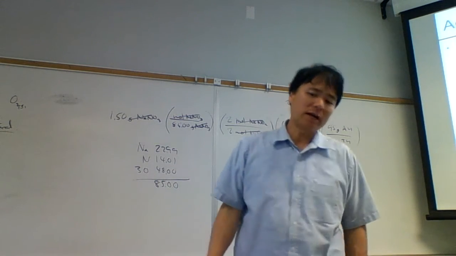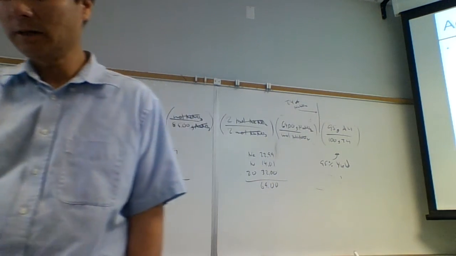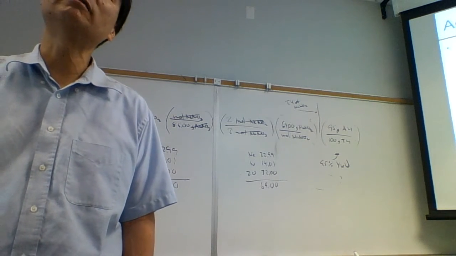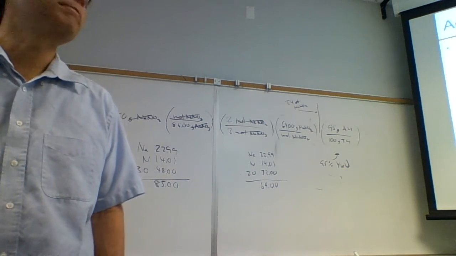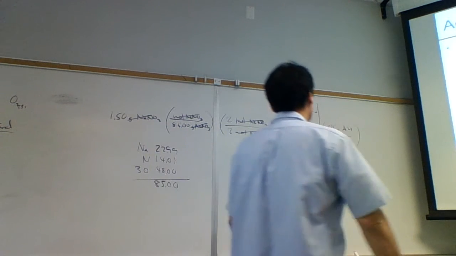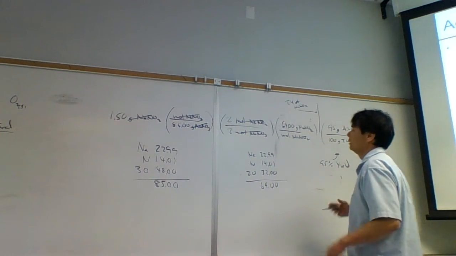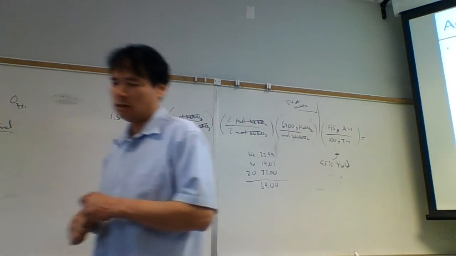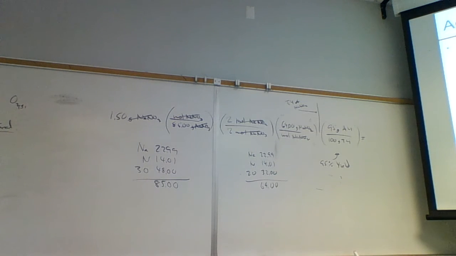So for every 100 grams that I predict I'm going to make theoretically, I'm only going to get 95 out of that. We're going to factor this in here. So let's go ahead and do the calculation: 1.5 divided by 85 times 69 times 95 divided by 100.